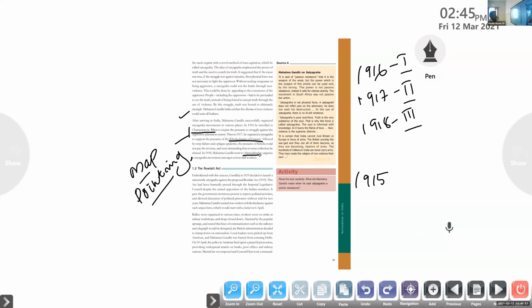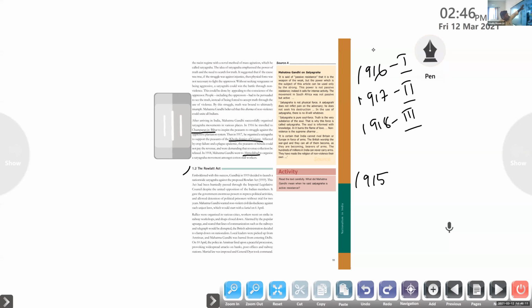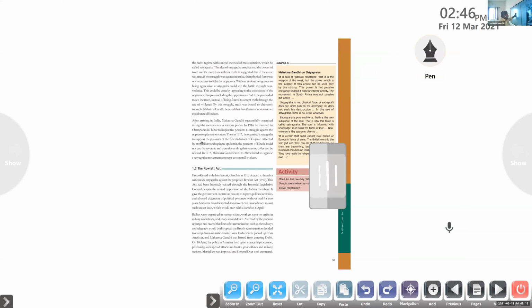We covered three places here: Champaran in Bihar, Kheda in Gujarat, and Ahmedabad also in Gujarat. These three places are important for map pointing. Clear? Just keep this idea with you.